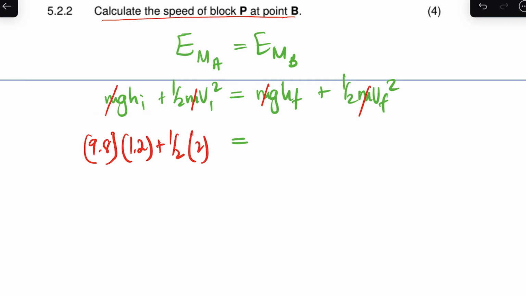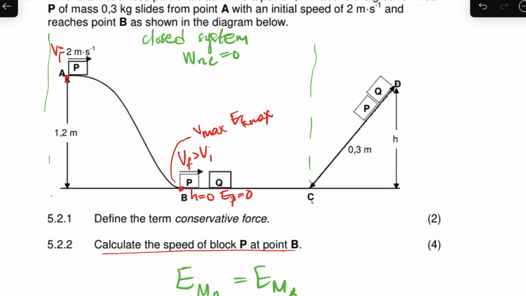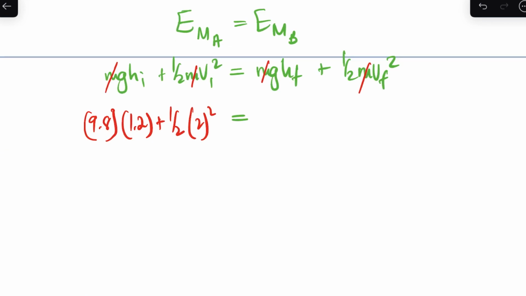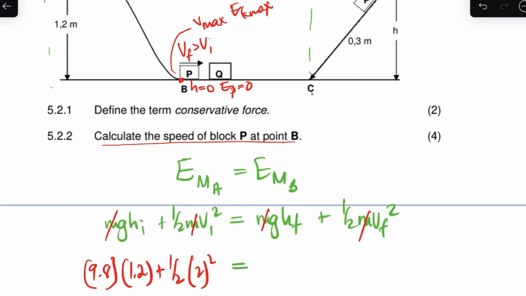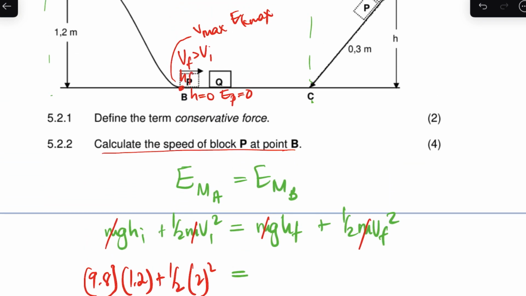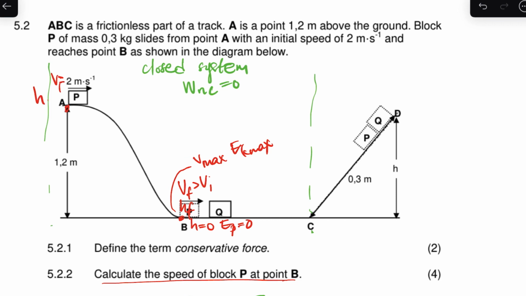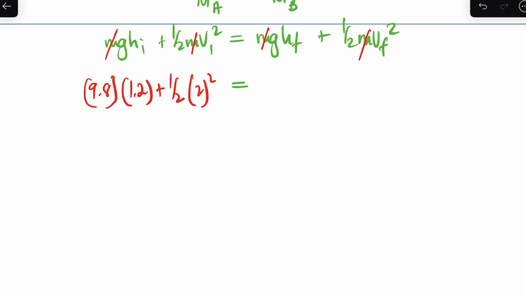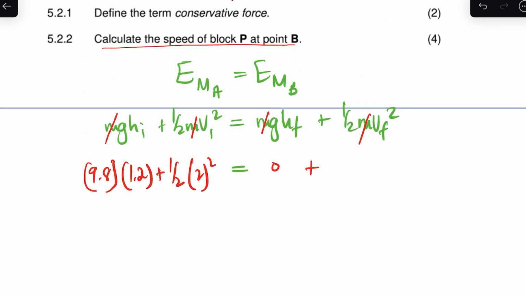Plus half, the mass we cancel, times the velocity there, which is 2, right? It's 2 squared. Very important to square, guys. And then this is height final, and this is height initial. The height final is 0 because there's no height there, so the gravitational potential energy will be 0 there.